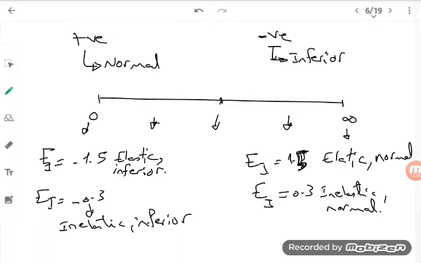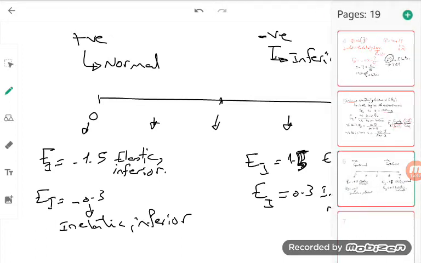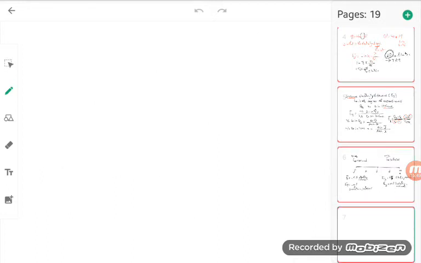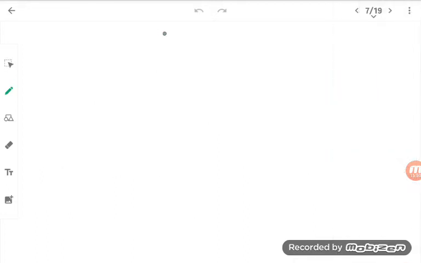Number 3. Cross elasticity of demand. Cross elasticity of demand is related to price of related goods.